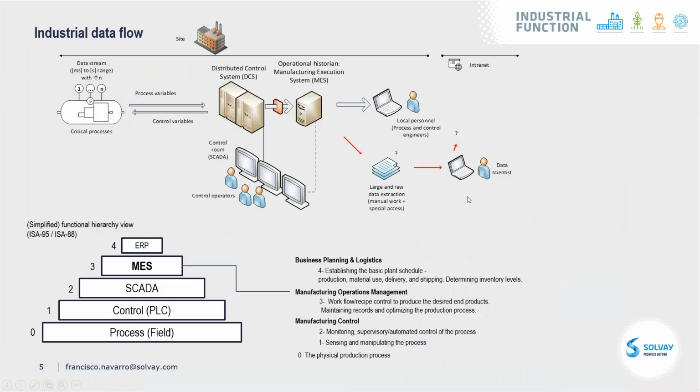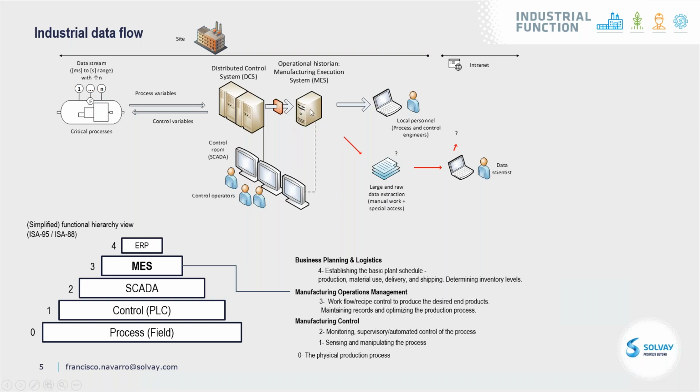About the pain point in the industrial domain, we usually have a lot of sensors. We call them tags because they're literally tags hanging in the plant near the sensor. These tags are sent to the control room through the control system. The operators are monitoring the values and making sure that the control in place works.